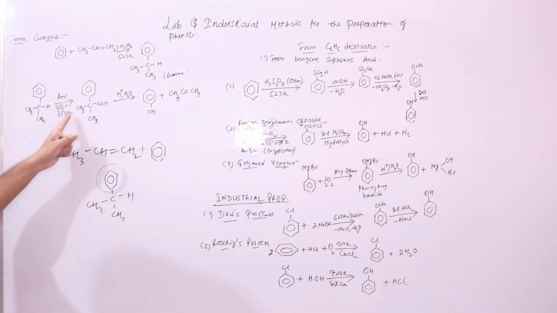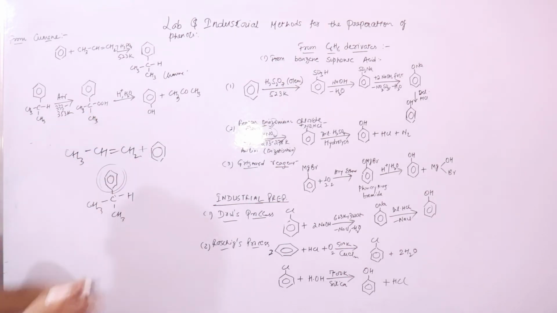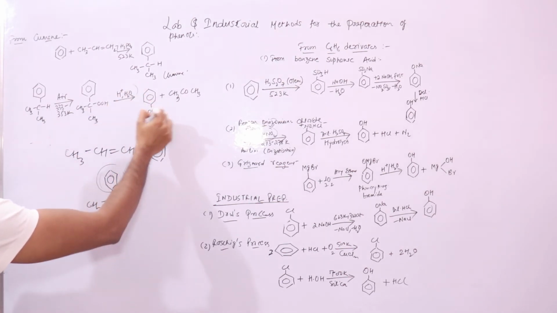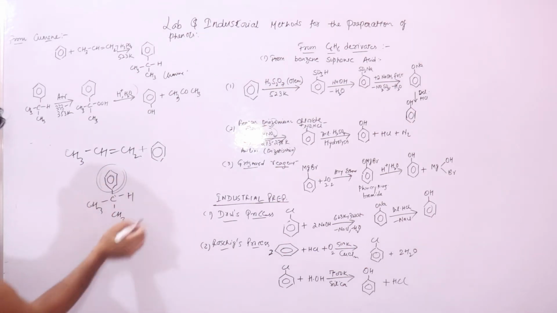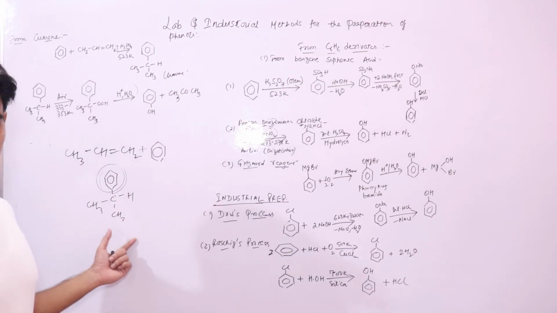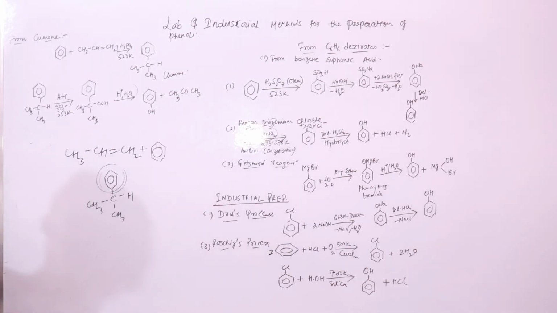Cumene is oxidized to Cumene hydroperoxide. Now this Cumene hydroperoxide will undergo hydrolysis to give you phenol, right? Just learn this formula of Cumene. Cumene is prepared from benzene and propylene in the presence of phosphoric acid at 523 kelvins.